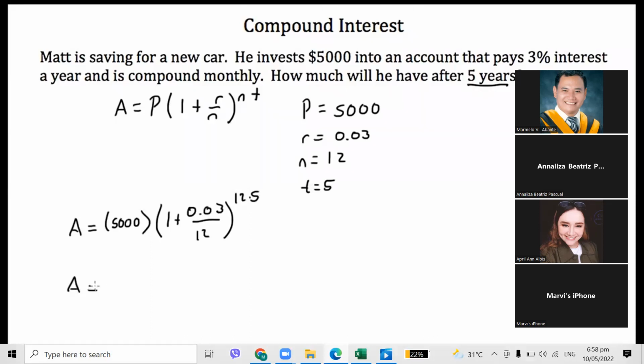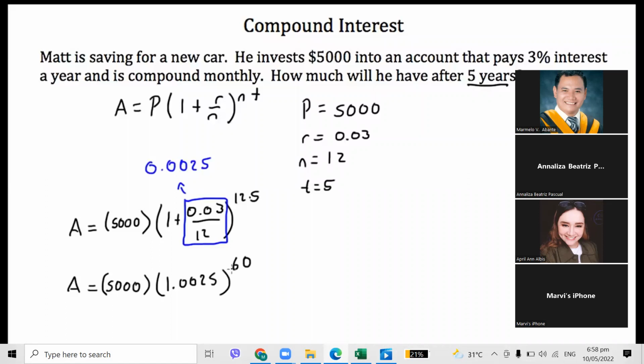So A is equal to 5,000 times 0.03 divided by 12. This is equal to 0.0025. Now if I add that to 1, I end up with 1.0025, and this is to the 12 times 5 power, or the 60th power.